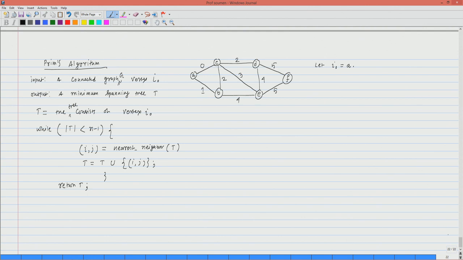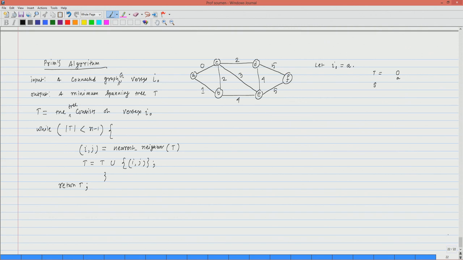Okay, so now at this moment your tree consists of only one vertex, that is the vertex A. That is all. This is your tree. And what you have to do is find the nearest neighbor of it.